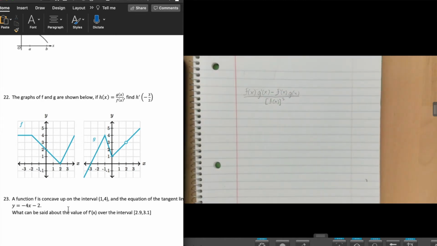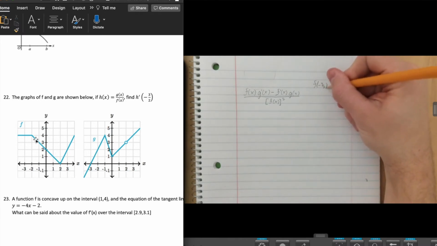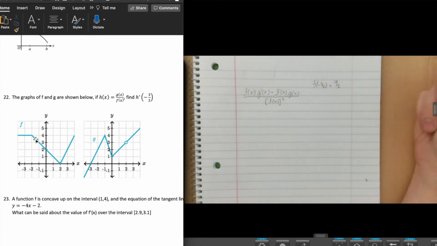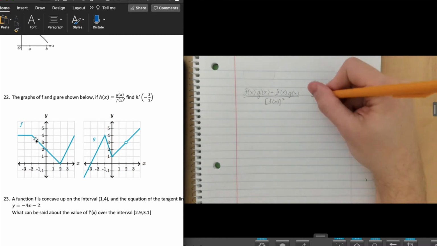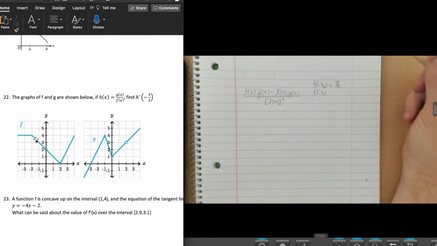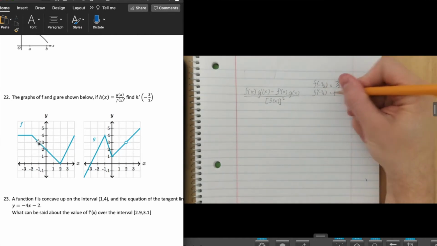So at negative 3 over 2, in other words negative 1.5, it looks like f of negative 3 over 2 is 9 over 2, or in other words 3.5. Wait a minute, that's 7 over 2. And f prime at negative 3 over 2, at negative 1.5, let's see here, that's the slope of this line segment, and that slope is negative 1.